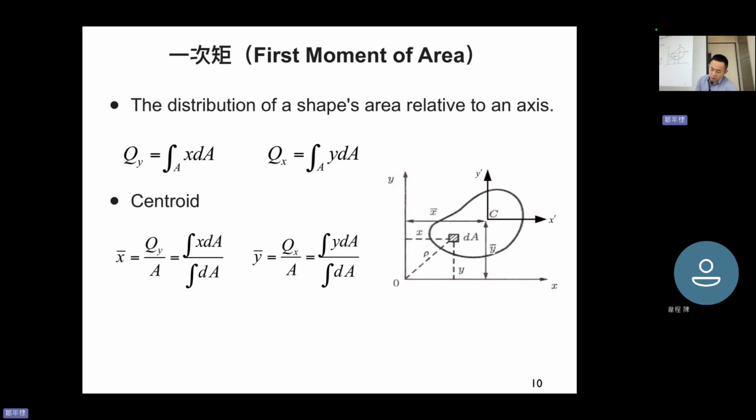All right, so the distribution of a shape area relative to an axis, if we choose xy like this, and there is an area, potato like this.